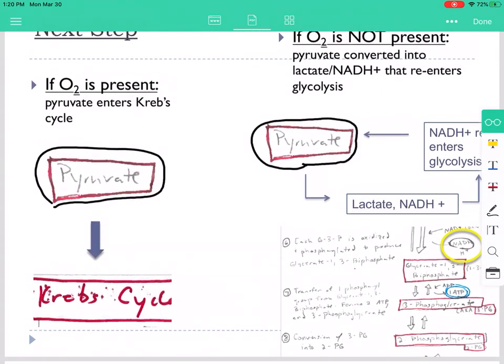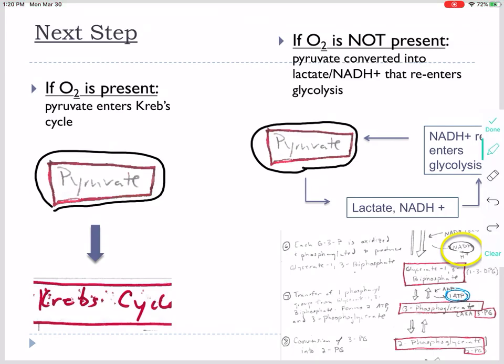Now I go back. So we end glycolysis and we have pyruvate. If oxygen is present, then we are golden. If we have oxygen, then we are ready to go from glycolysis into the Krebs cycle. But sometimes we're going through glycolysis and we don't have oxygen yet.